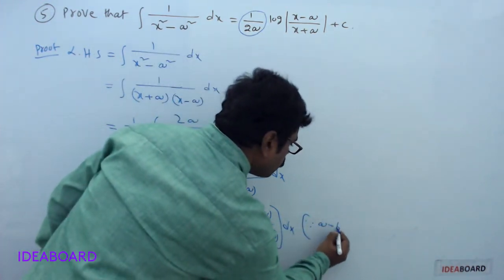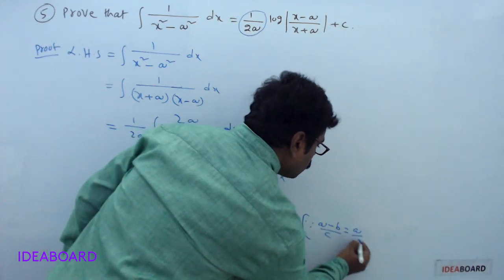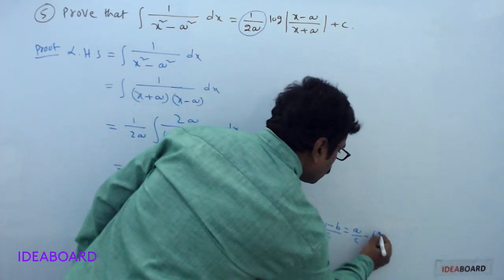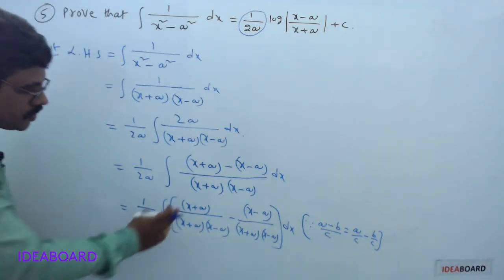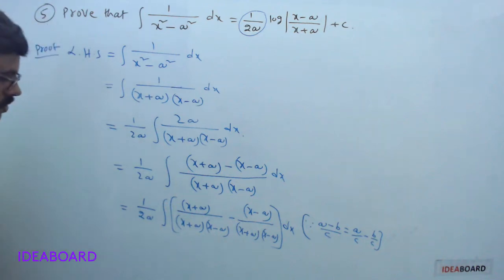Since a minus b divided by c equals a by c minus b by c. Now in the first term, the factor x plus a is cancelled.